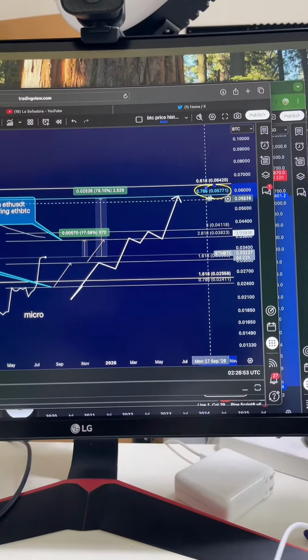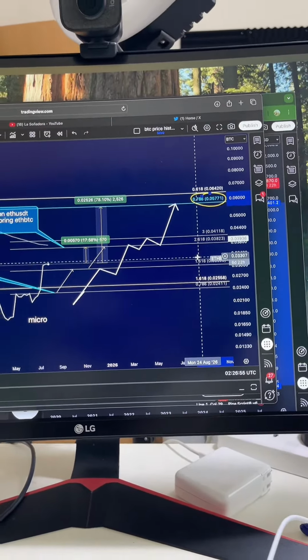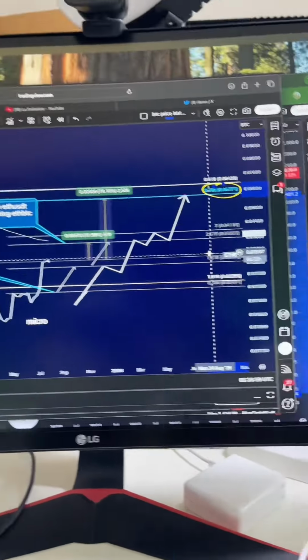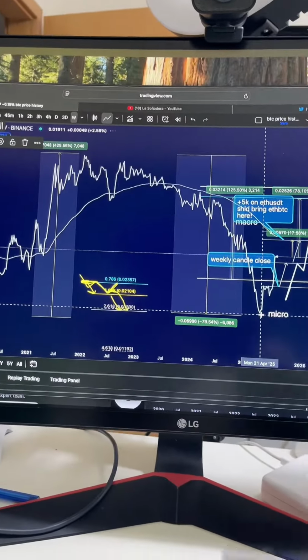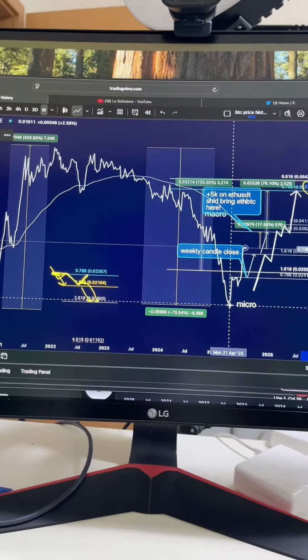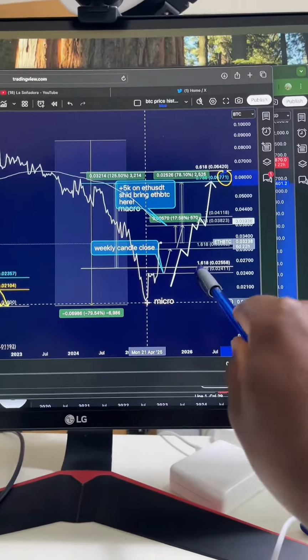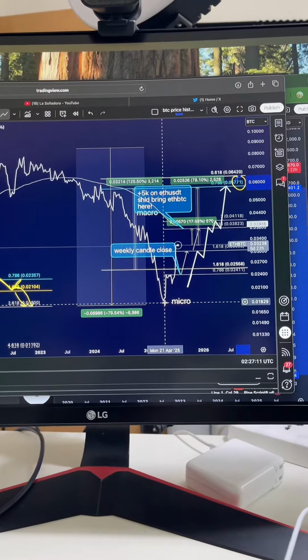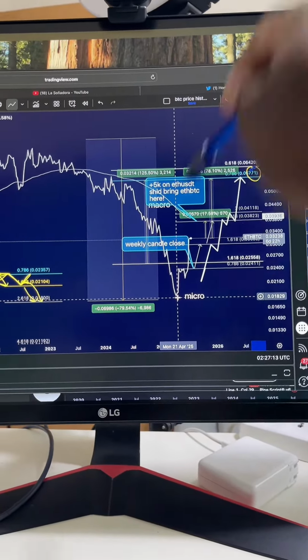What does this 0.786 Fibonacci level correspond to? It corresponds to this 1.618 right here. You see, as ETH BTC continued to plummet right here, I suspected that the bottom will be at the 1.618. But remember that 1.618 does not always mean that it has to bottom exactly there.